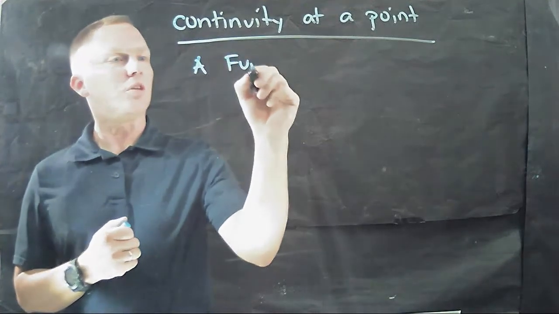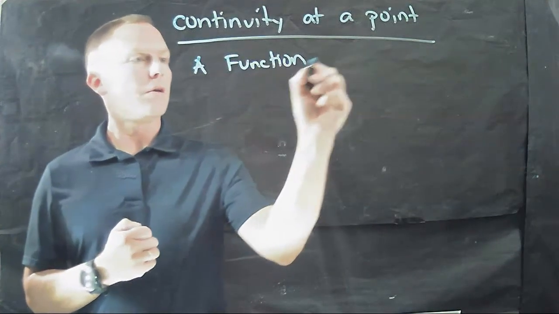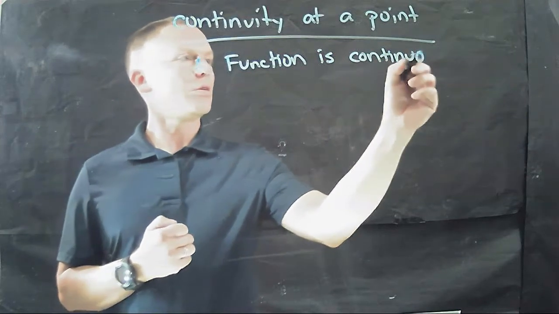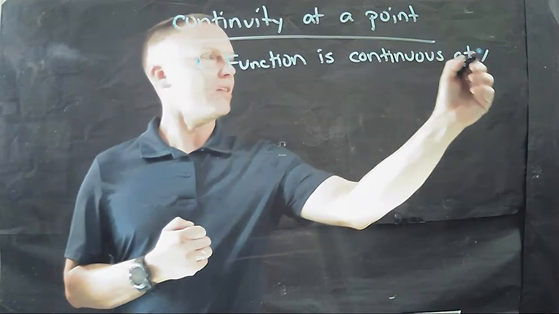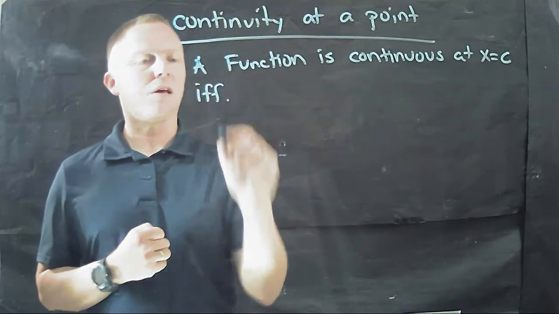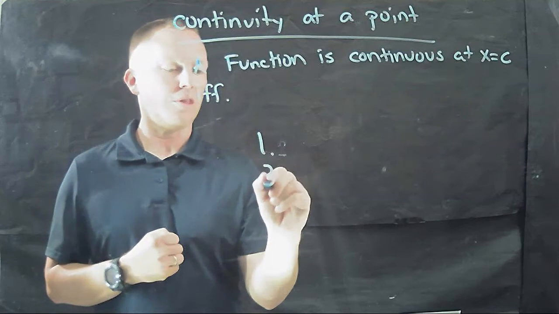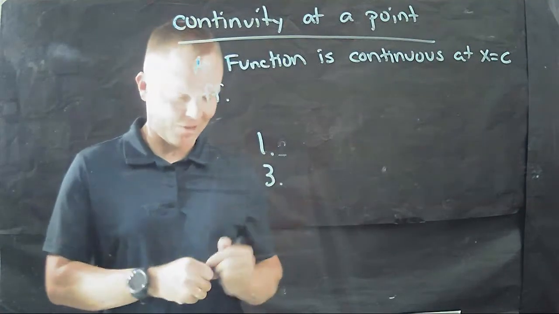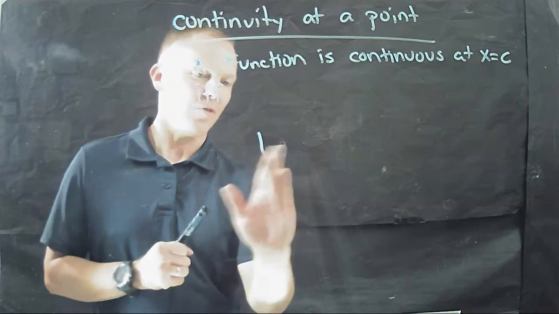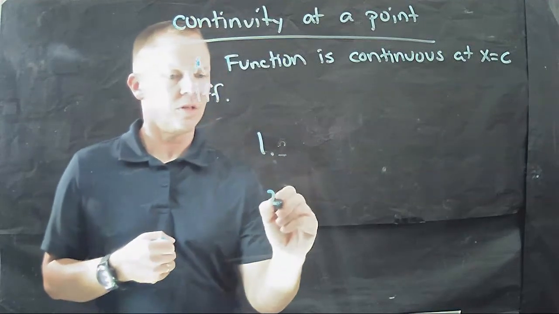A function is continuous at x equals c if and only if there are 3 things. There are 3 things that have to be true in order for a function to be continuous at x equals c.